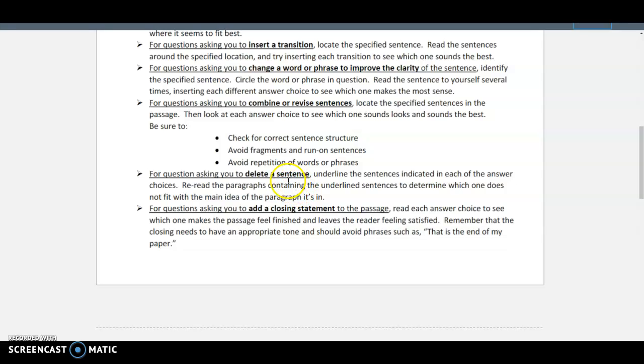You're going to underline sentences if it's asking you to delete a sentence. So go to that sentence, look at your answer choices, and see which one does not fit.